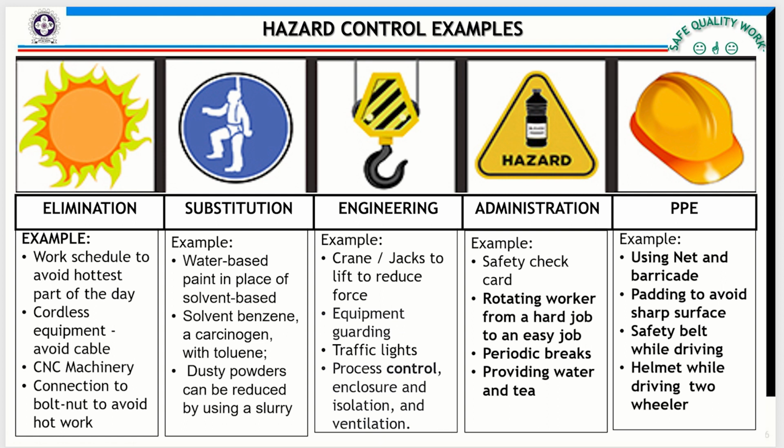Rotating workers from a hard job to an easy job is another way of controlling hazards. Why? Because sometimes a worker becomes very tired, and a tired worker cannot do safe work. Therefore, in such cases, the worker should be given an easy job so that he does not face any accident.